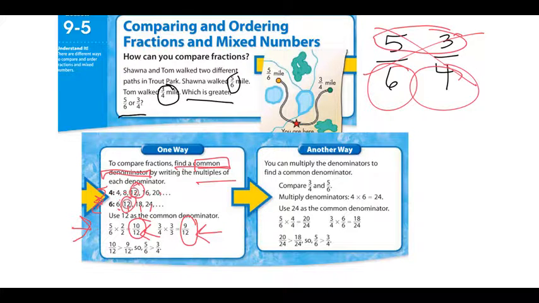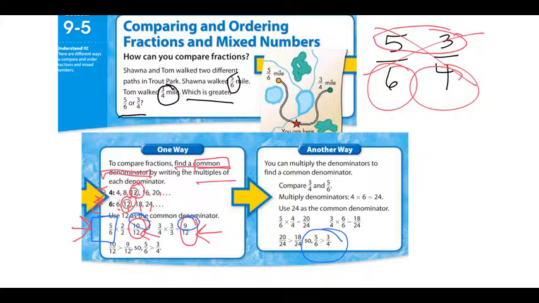In other words, now we can look at the numerators. 9 and 10, obviously 10 is bigger than 9, so I know that 5/6 is the person that walked the greater distance. If it's asking 5/6 or 3/4, you have to go back to what the original fraction is. And they show that right down here.